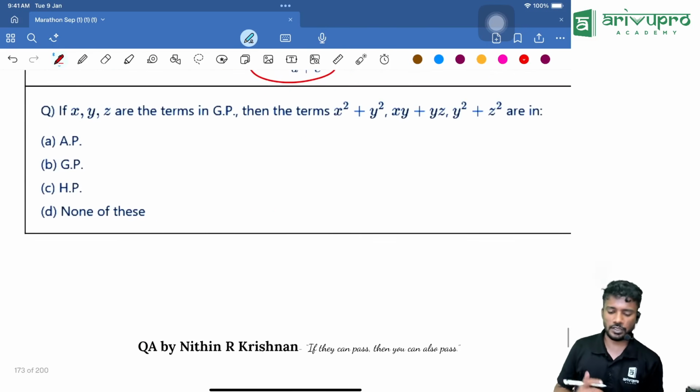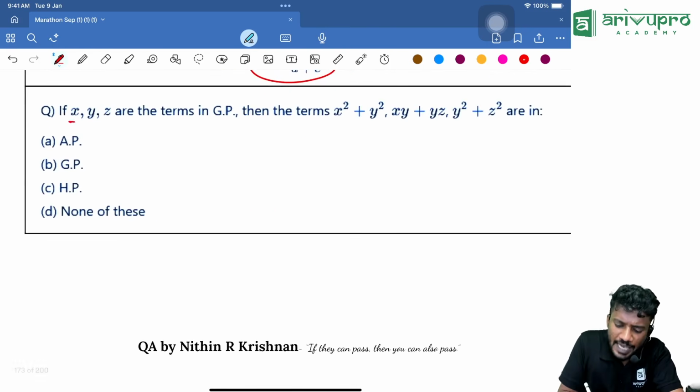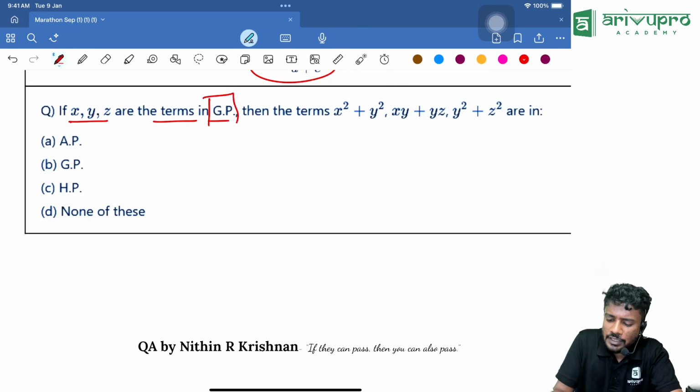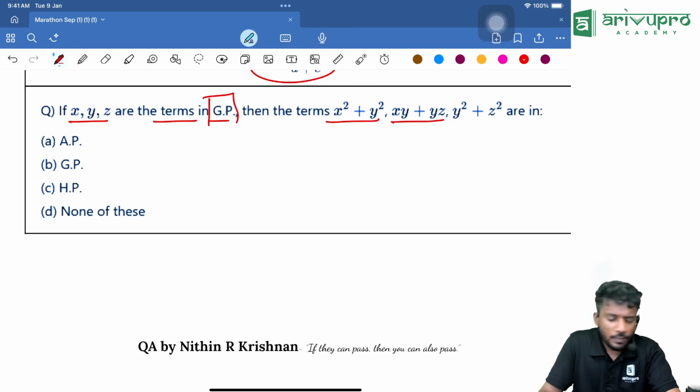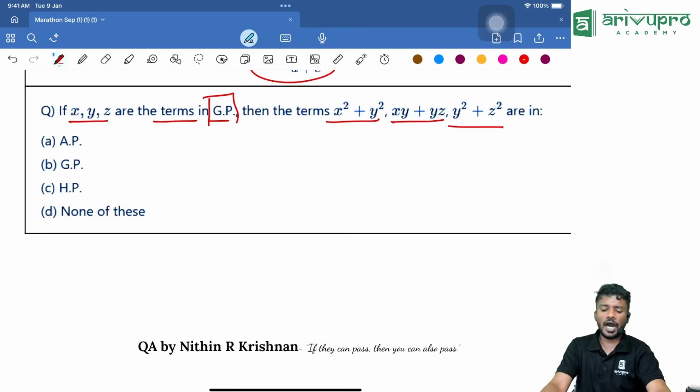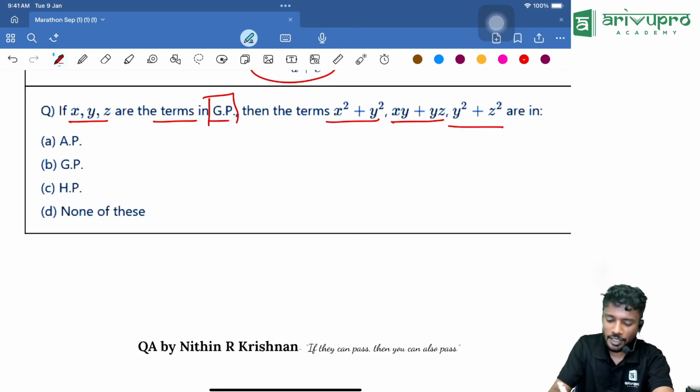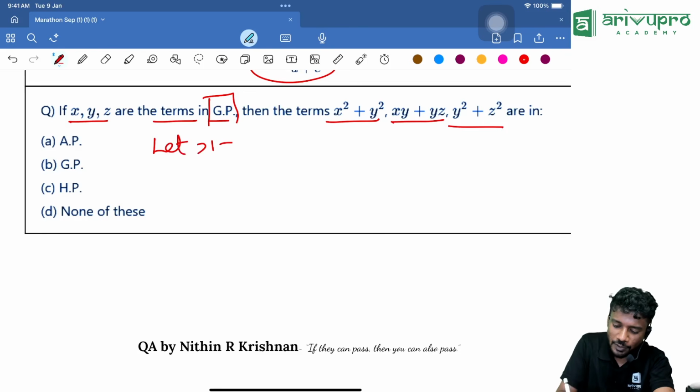Now look at this question. If X, Y, Z are the terms in GP, then the terms X square plus Y square, XY plus YZ, Y square plus Z square are in what? Assume X is equal to 1, Y is equal to 2.